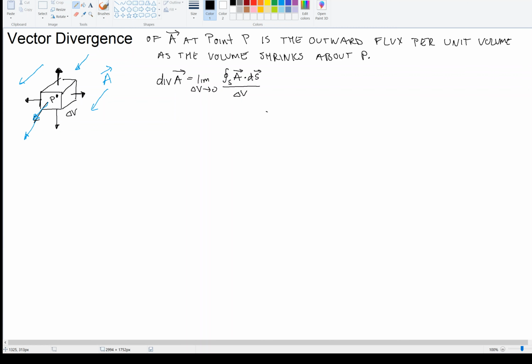The volume drops out because we're taking it to zero, so the divergence is not related to the volume, it's related to that point. We shrink the volume about that point.